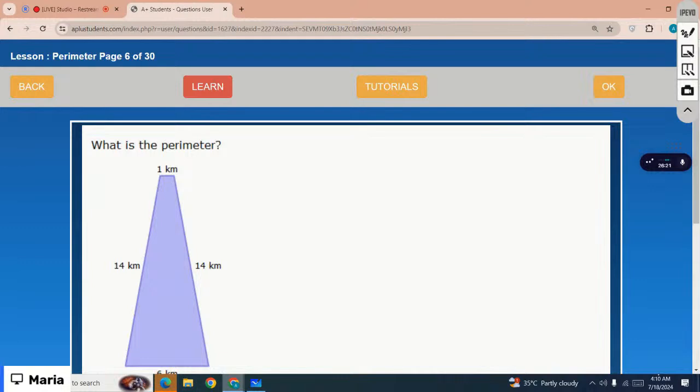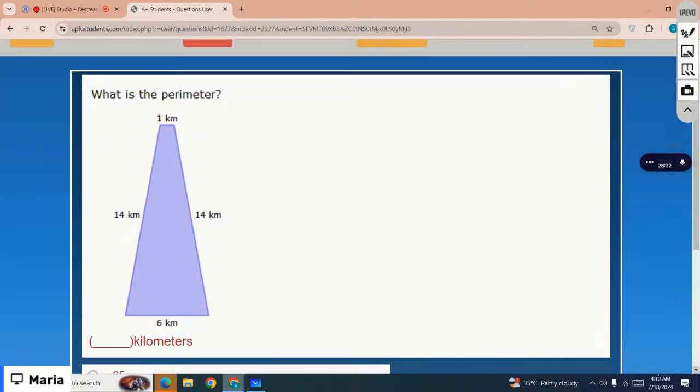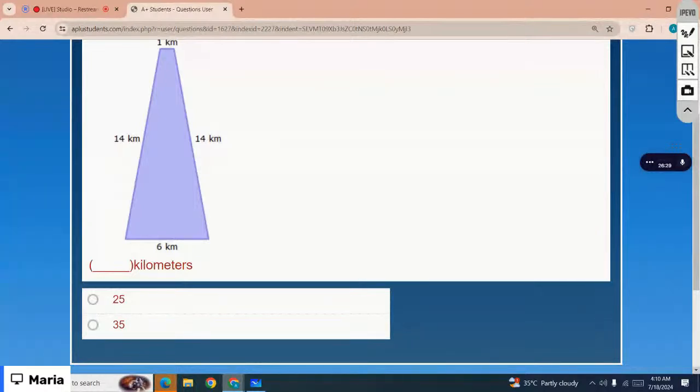What is the perimeter, which is the correct option? Yes, 35.